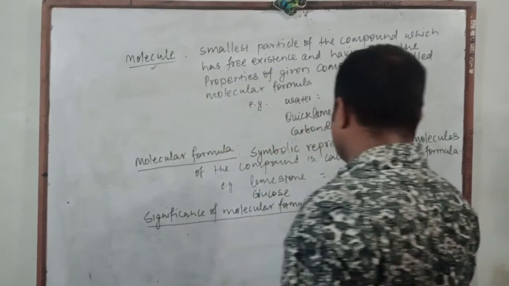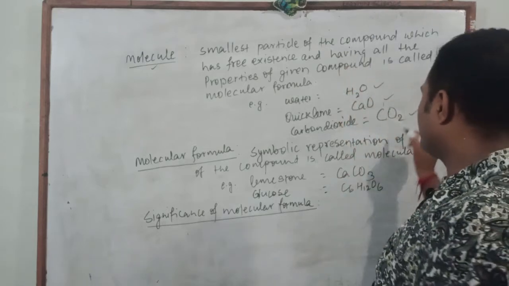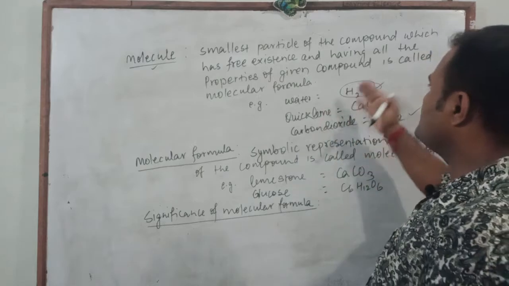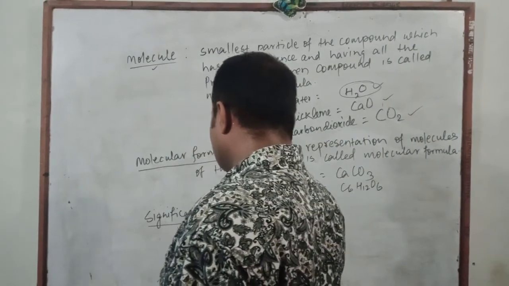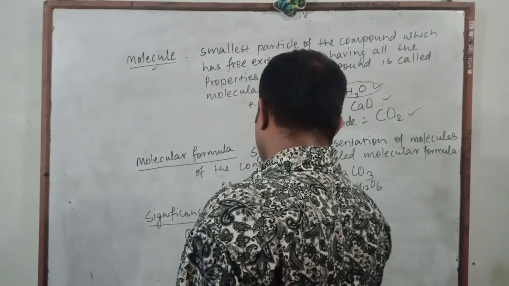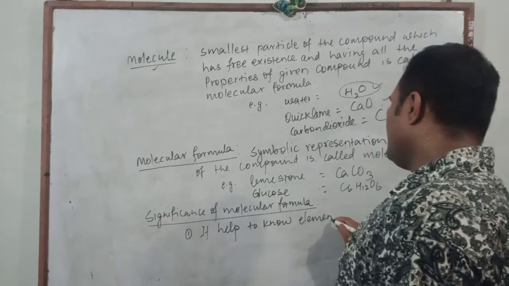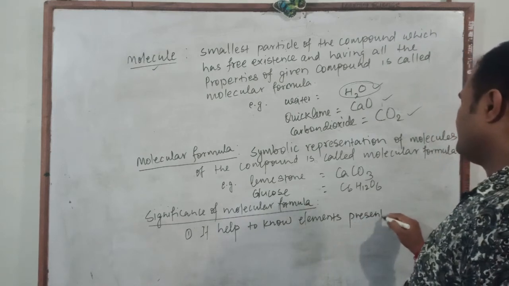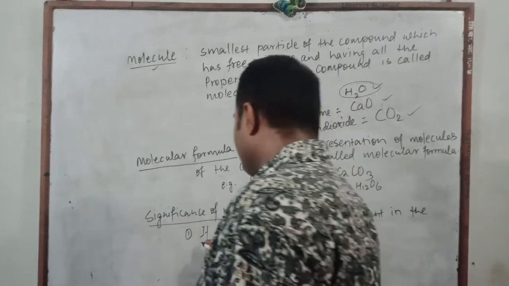What is significance of molecular formula? What are the importance of molecular formula? So from any molecular formula, we know that which atoms are present in it. At first, it helps to know elements are present in the molecule.